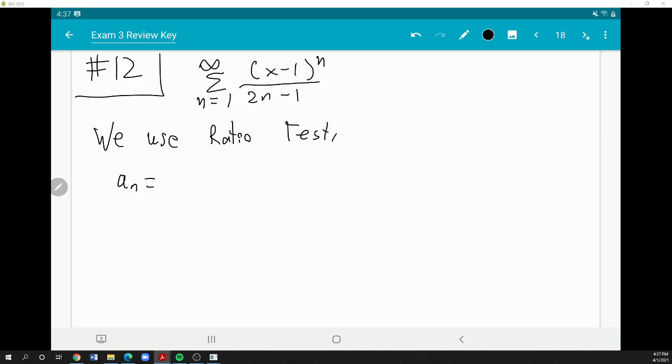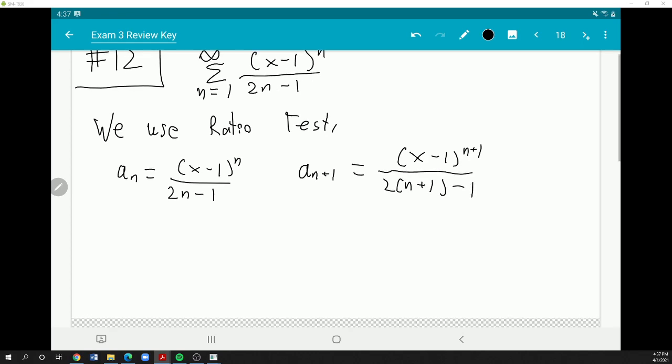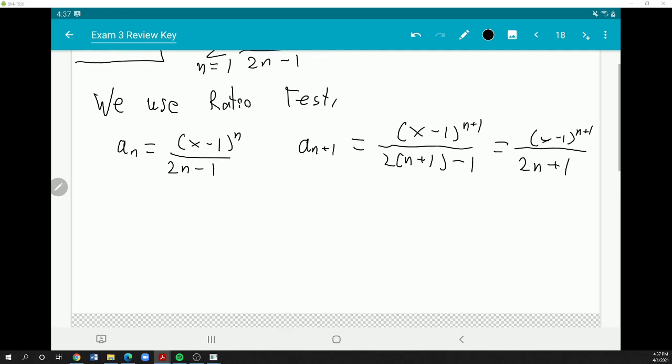So a_n is (x minus 1)^n over 2n minus 1. a_(n+1) is (x minus 1)^(n+1) over 2 times (n plus 1) minus 1, which is also, by the way, (x minus 1)^(n+1) over 2n plus 1.